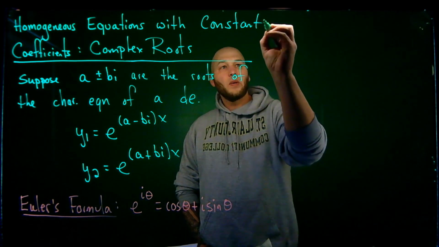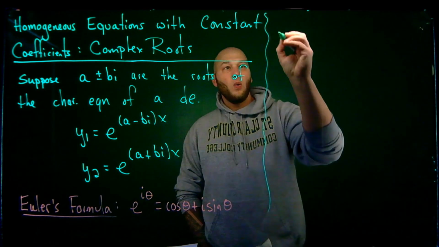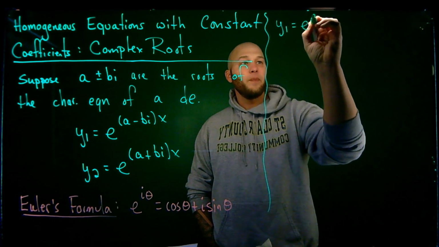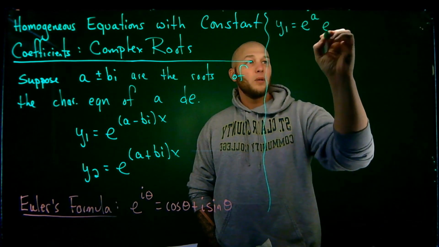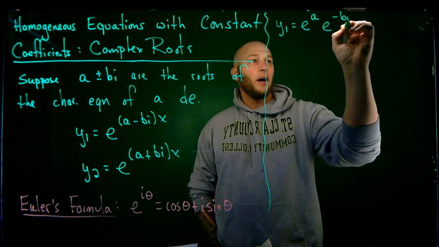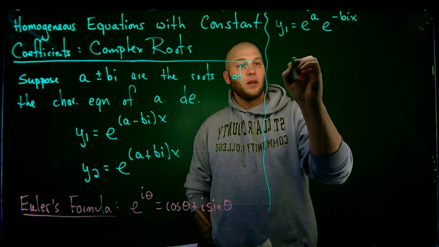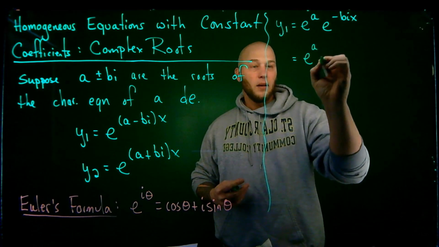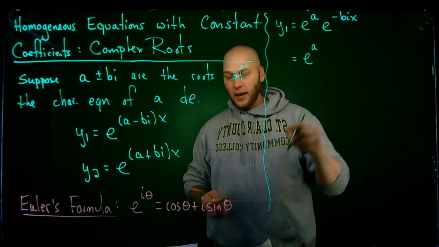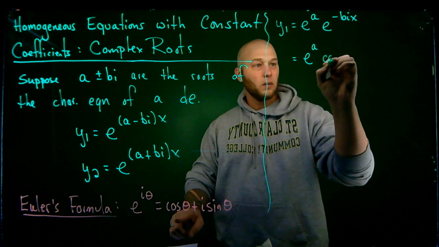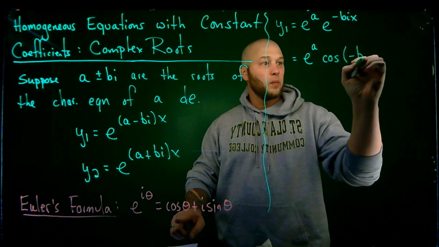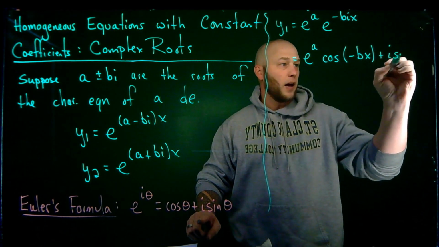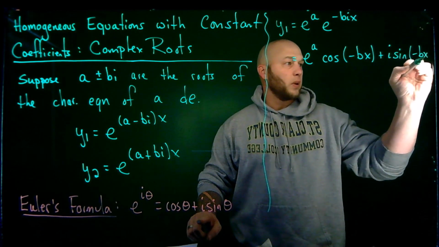Well, y1, let me separate this here. y1, I can write that as e to the a, and then e to the negative bix. And using Euler's formula, this is going to give me e to the a, and then e to the negative bix is going to be cosine of negative bx, and then plus i sine of negative bx.